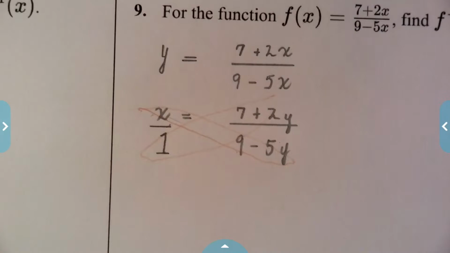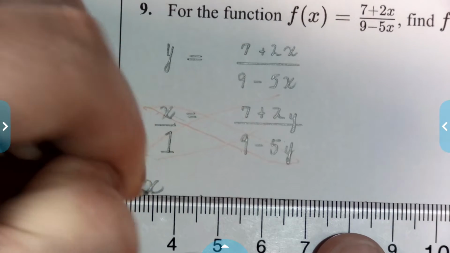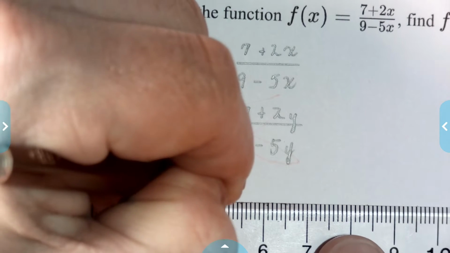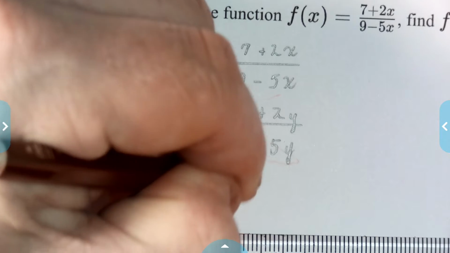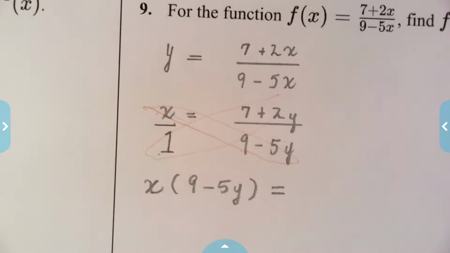We have x times the quantity 9 minus 5y equals, and thankfully this is a 1, it's just 7 plus 2y on the right.